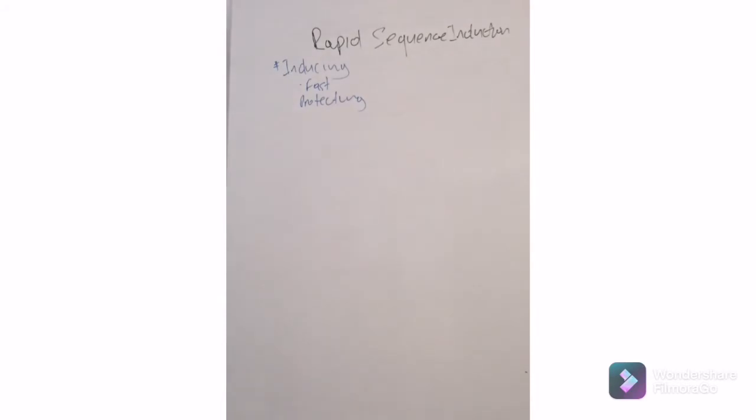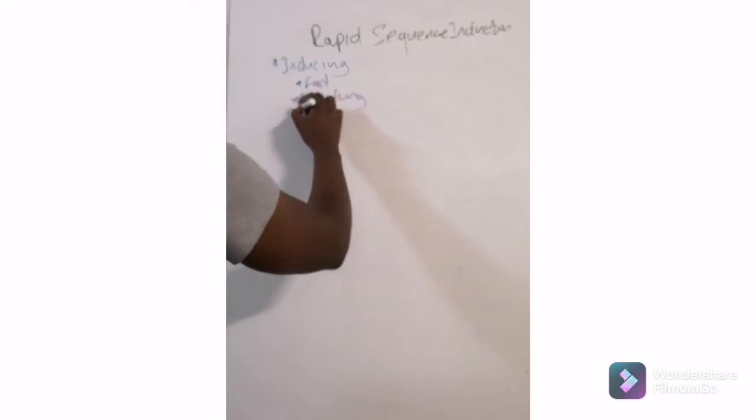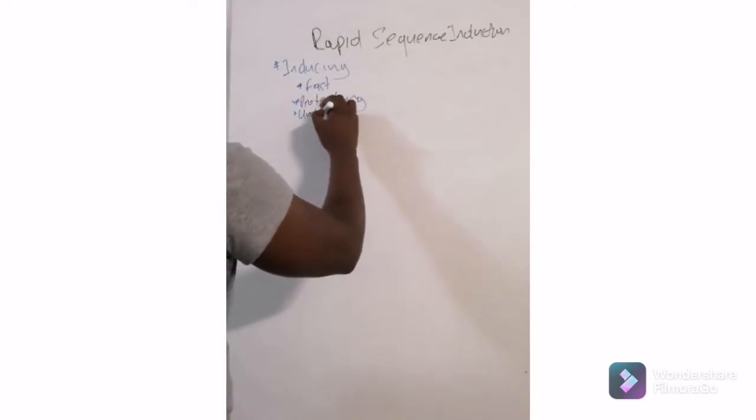Like I always say, guys, I'm not a person of textbook definitions. I want to understand a definition. So it's about inducing anesthesia as fast as possible, protecting the airway, and it's usually on unfasted patients.